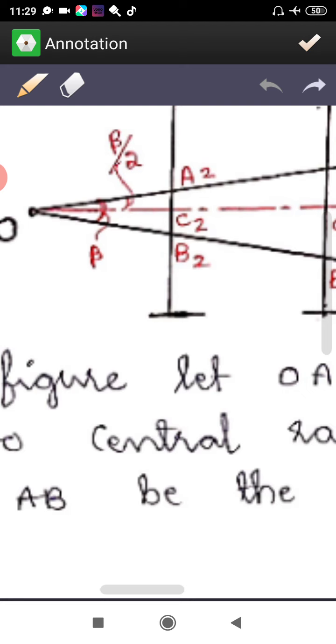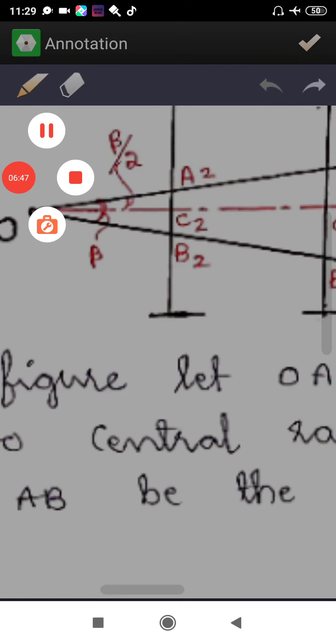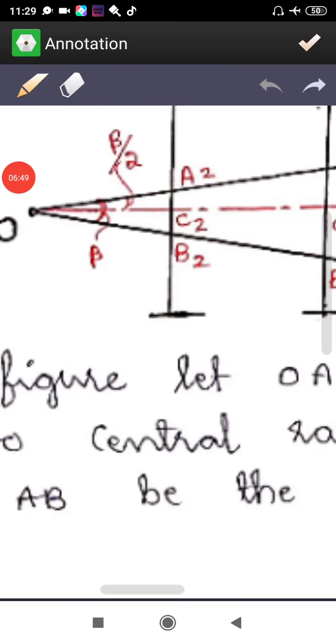Now what is going to be the total beta by 2? It is going to be 2 times of, you can write like this also, 2 times of 2OC2 divided by A2B2. You can easily see that thing here.